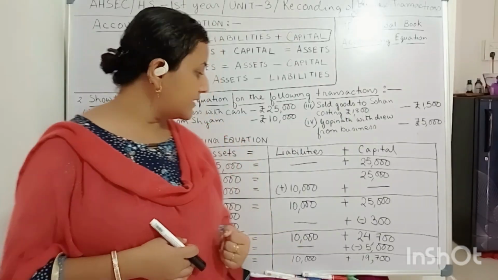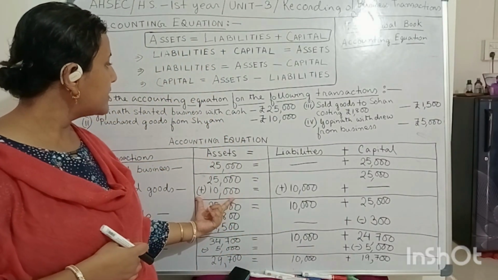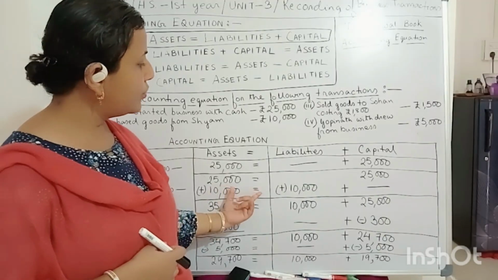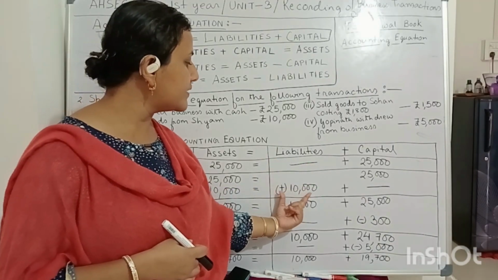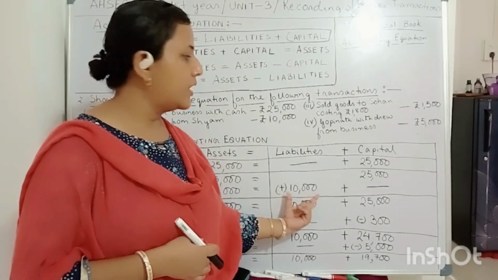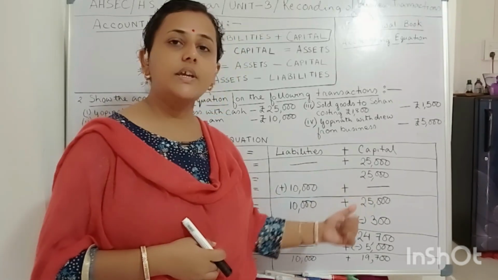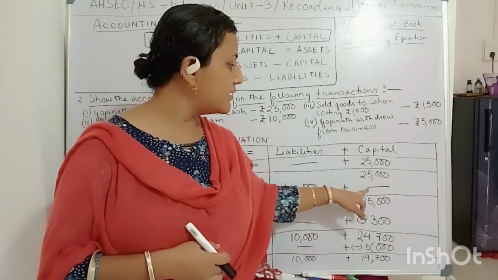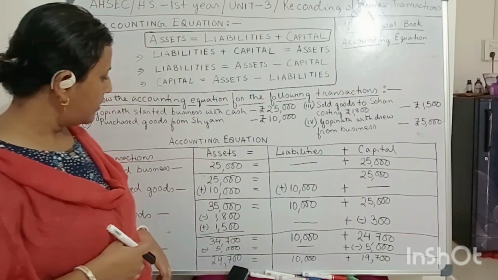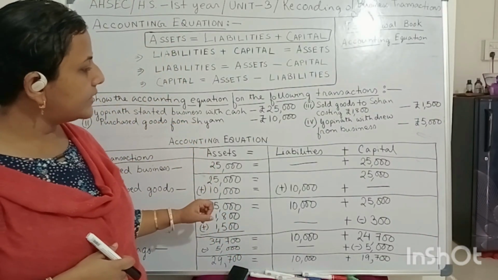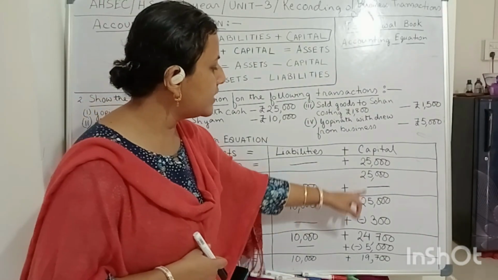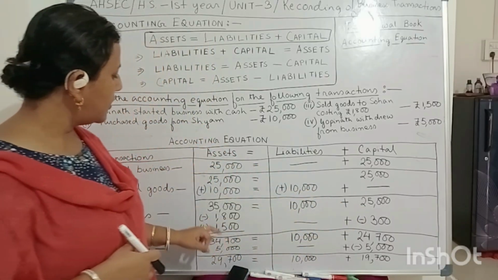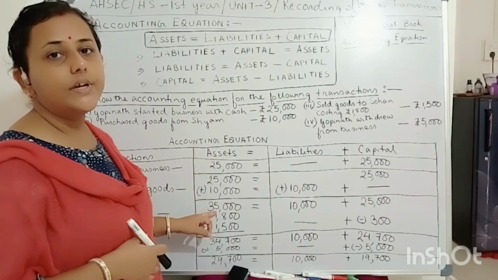When the asset increases, plus 10,000 equals liabilities increase plus 10,000, and there is no increment in capital. So put it blank, that is nil. So how much do you get? It is 35,000, it is 10,000, and it is 25,000. So 25,000 plus 10,000 you will get 35,000.